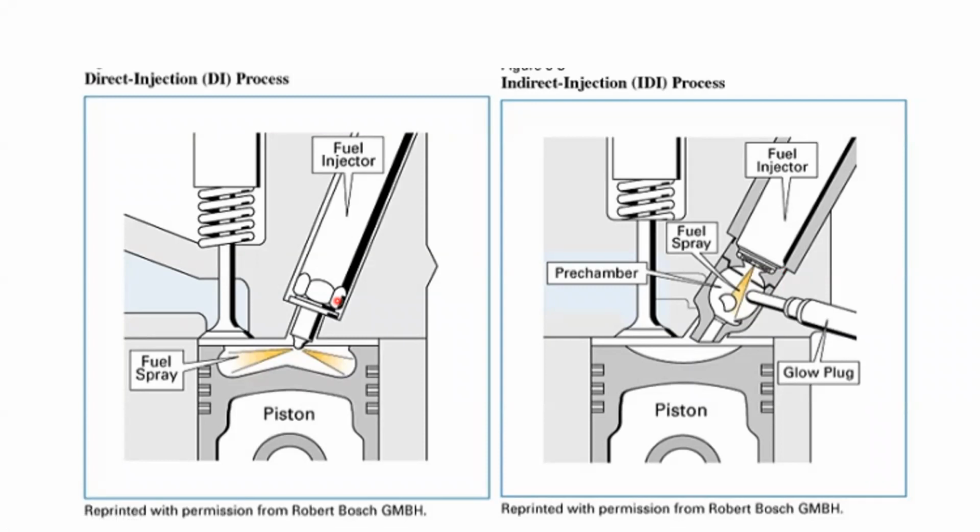Most people try to use direct injection as much as possible. Previously, indirect injection was used, especially in mechanical fuel injection, because of the difficulty of controlling the fuel amount very accurately. But now direct injection has become popular with the electronic fuel injection system.